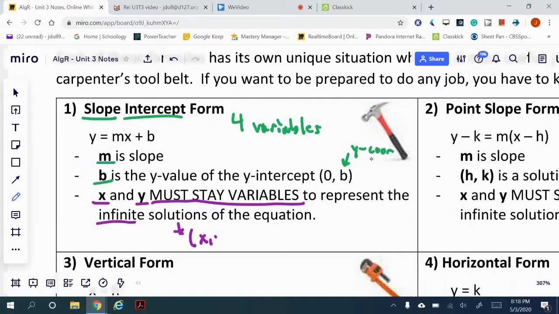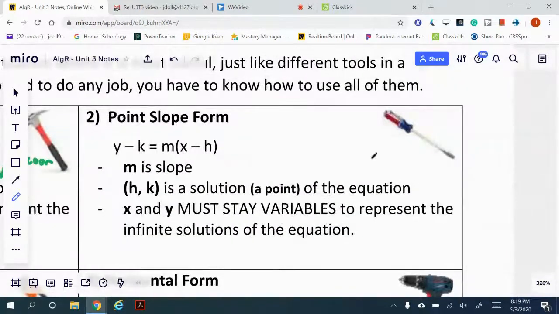Remember, a solution is an ordered pair. So by x and y staying variables, that gives you the possibility of having an infinite number of ordered pairs. All right, so that's slope-intercept form. This form is going to be very useful when we either know or we want to know the slope and the y-intercept. Let's talk about point-slope form.